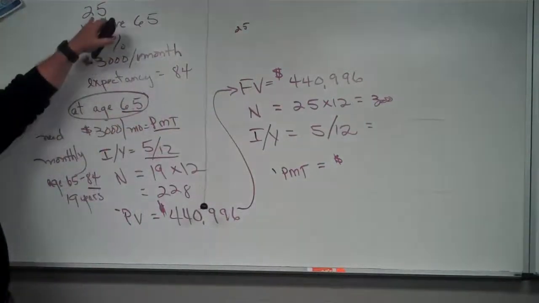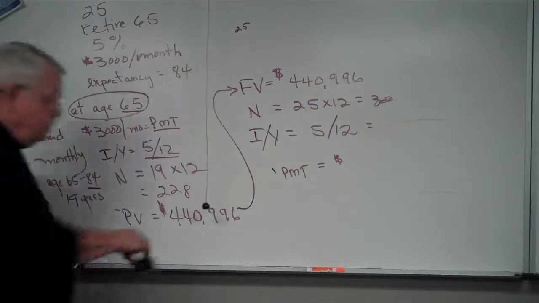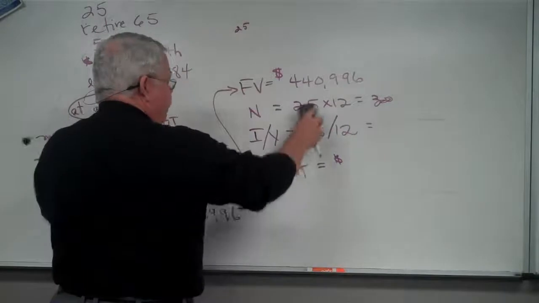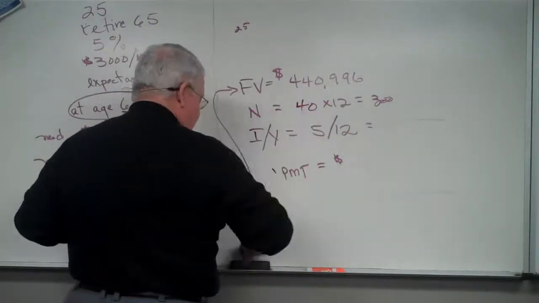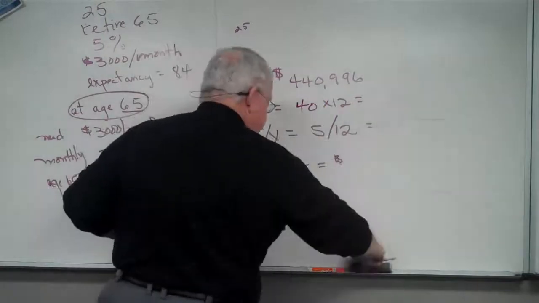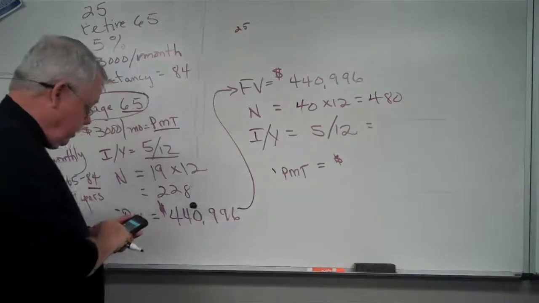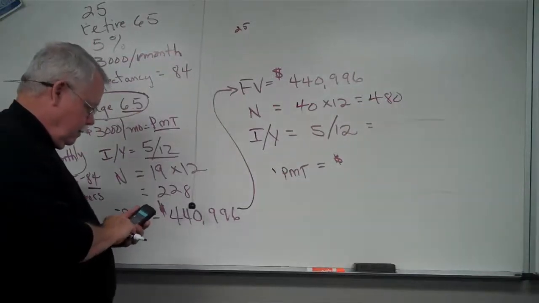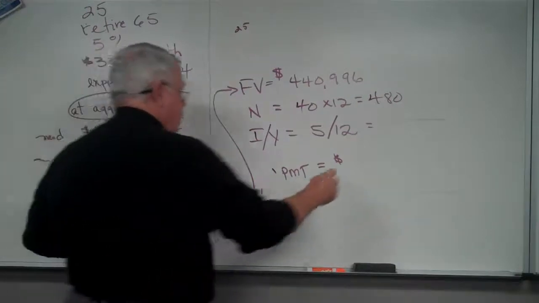How much time have I got till I retire? 40 years. I put 25 by mistake up here, my mistake. I've got 40 years. So I got 480 months worth of savings to do. So let's recalculate that. That's a little more reasonable.